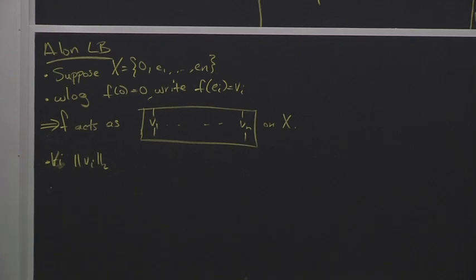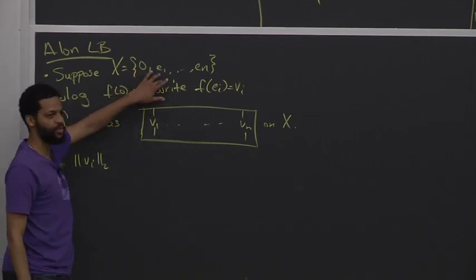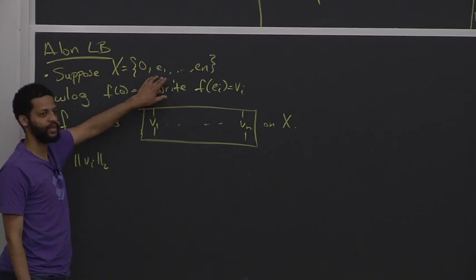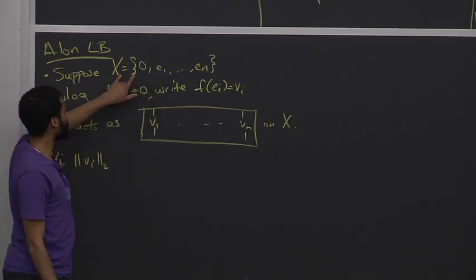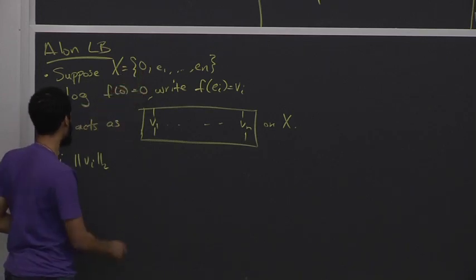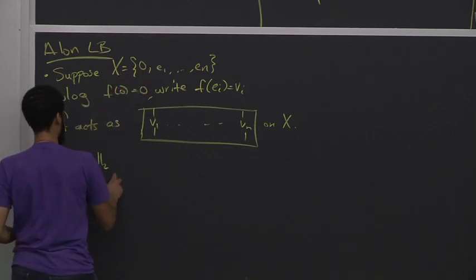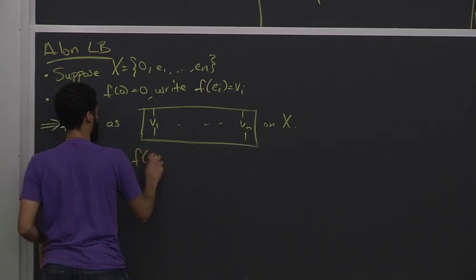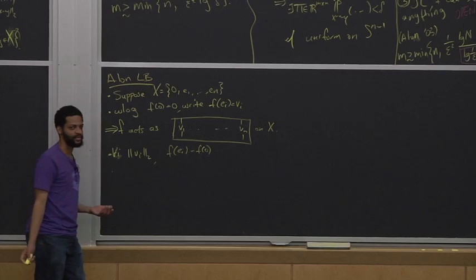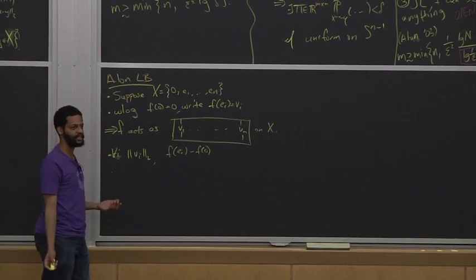Right, so remember, I have to preserve distances between these pairs of points. So in particular, I have to preserve distances to 0. What is f of ei minus f of 0? That's just vi.